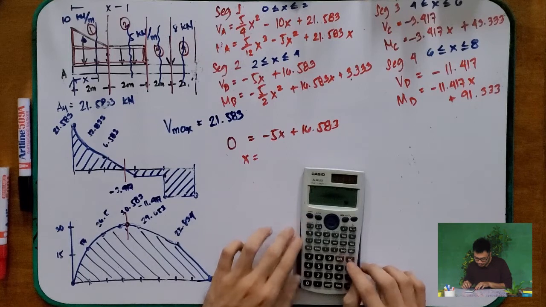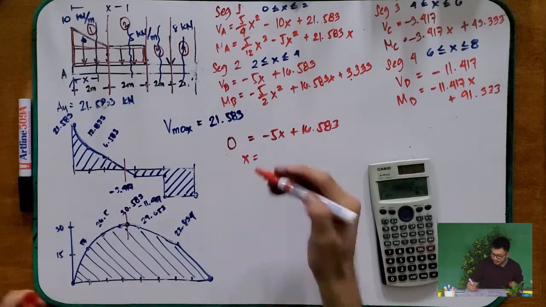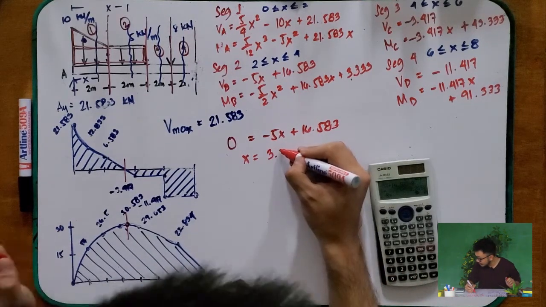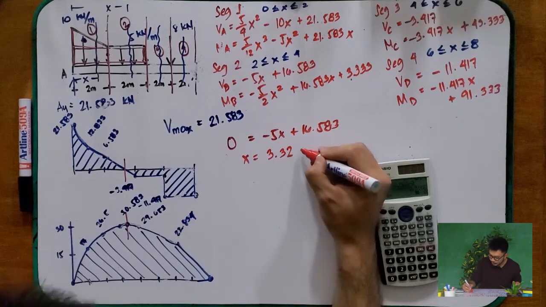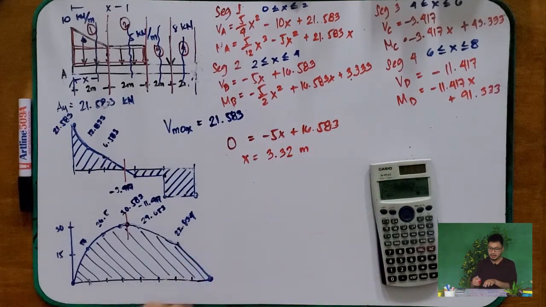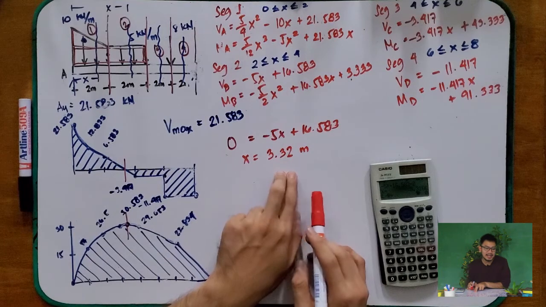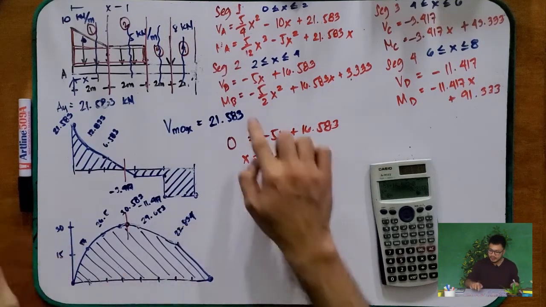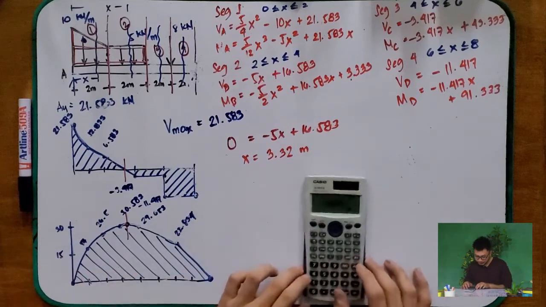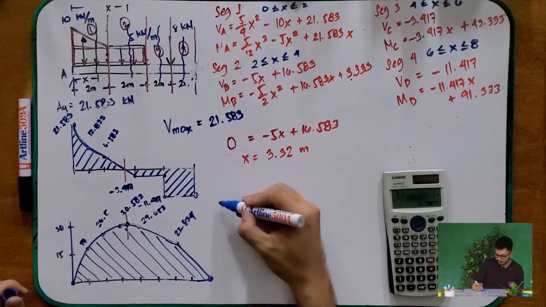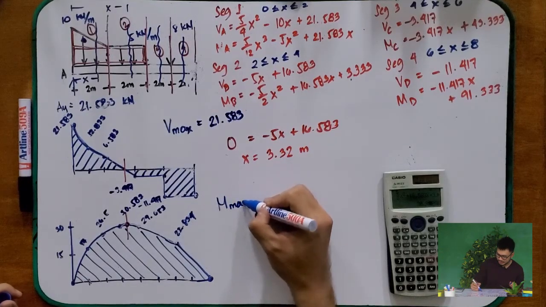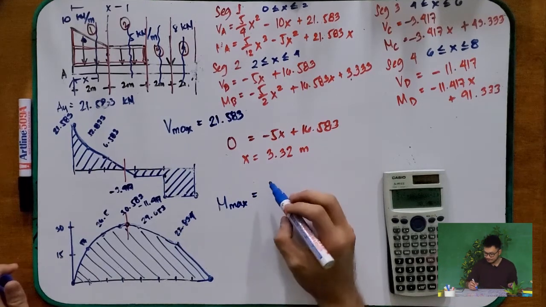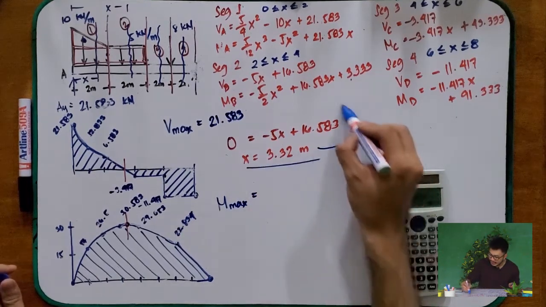Sige. So, and that is 3.32 meters. So, 3.32 meters, dira na-locate ang imong maximum moment. Okay? So, therefore, substitute that one there. Your highest value of your moment or your Mmax is, again, ako na nag-substitute sa x diri.